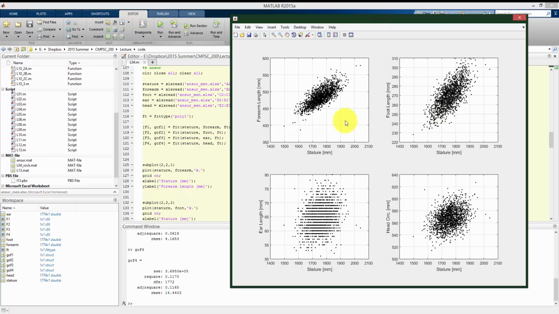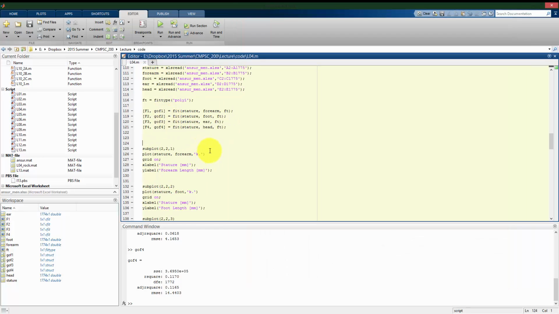But now that I have these fits, I can add them to my plots. So for each of these subplots, I can now add my fit line. First, let me make up some statures here. I'll make this linear space of statures between my minimum stature for any person and the maximum, and I'll use 1,000 points for this.